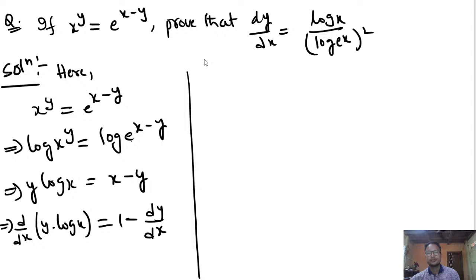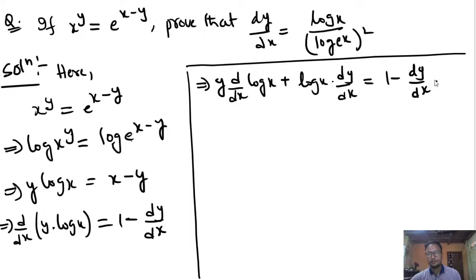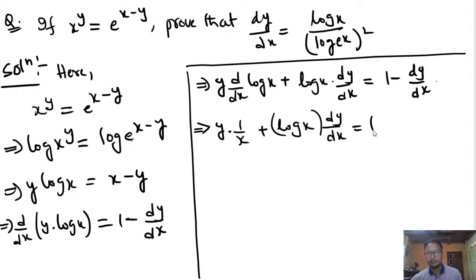Now y into log x, I have to use the product rule: y times the differentiation of log x, plus log x times the differentiation of y. So this implies y into 1 by x plus log x dy by dx equals 1 minus dy by dx.